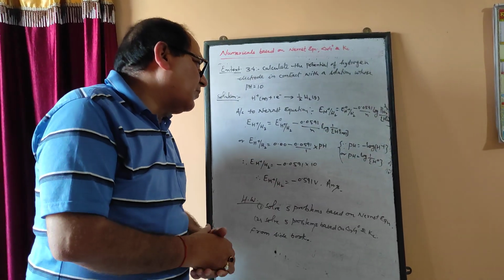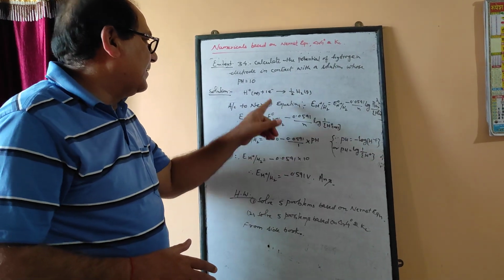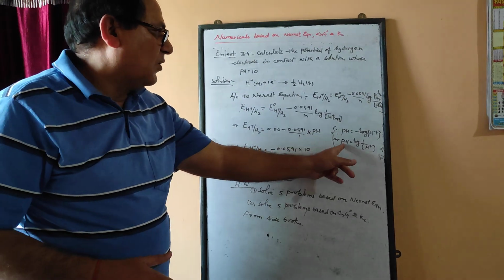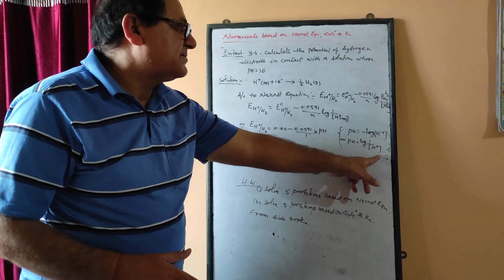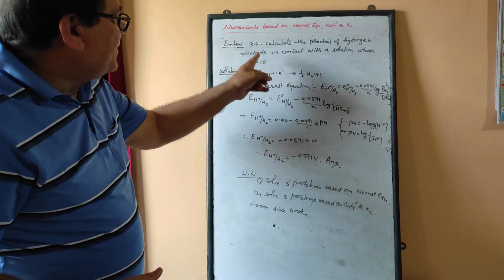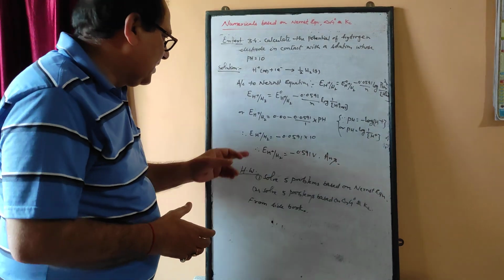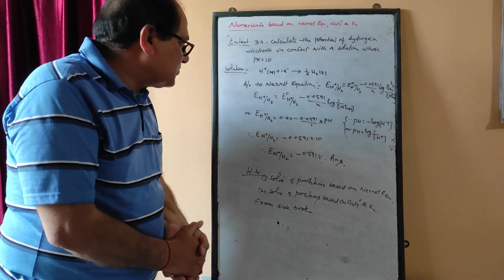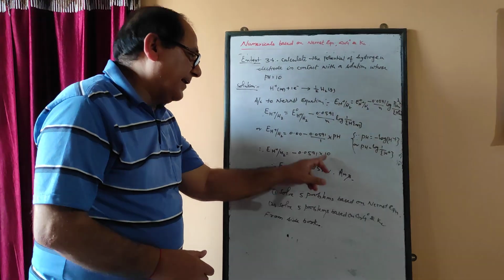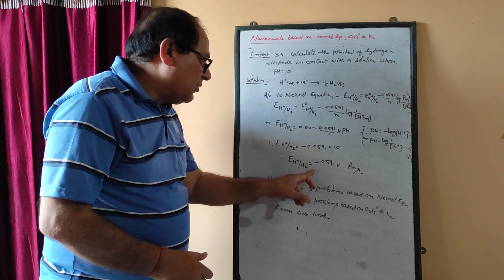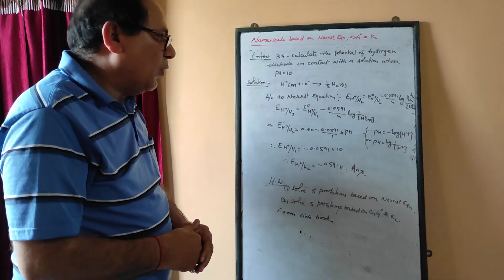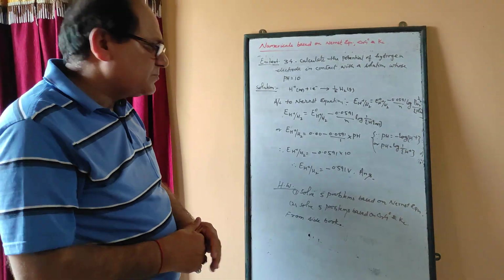Minus 0.0591 by n, n means 1, into pH. Already pH is equal to log 1 by H plus, you know. So put this value. And in the question, the pH value has been given as 10. So E of H plus/H2 is equal to minus 0.0591 into 10. So the value will be minus 0.591 volt, and that will be your answer.